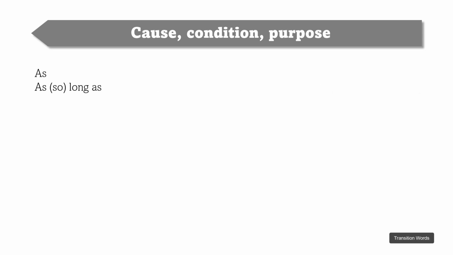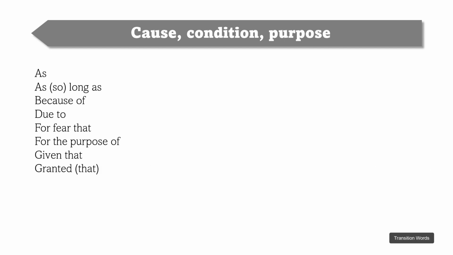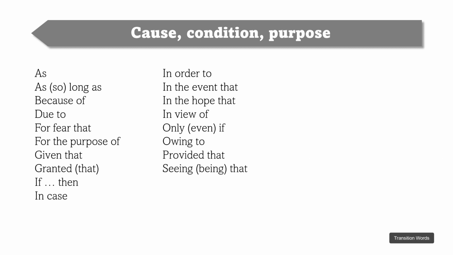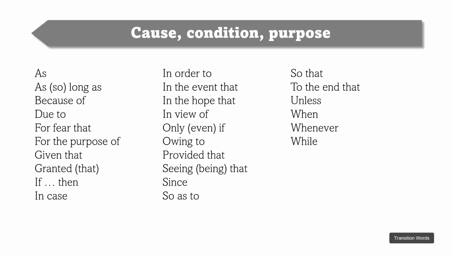As or so long as, because of, due to, for fear that, for the purpose of, given that, granted that, if, then, in case, in order to, in the event that, in the hope that, in view of, only, even if, owing to, provided that, seeing or being that, since, so as to, so that, to the end that, unless, when, whenever, while, with this in mind, with this intention.